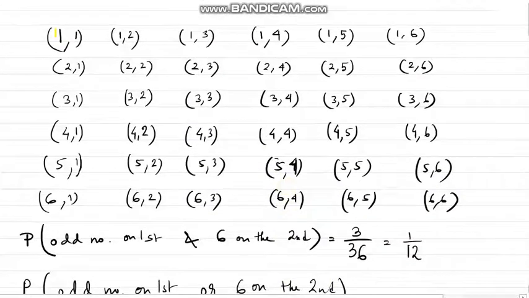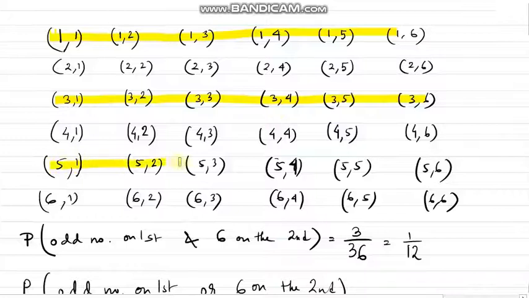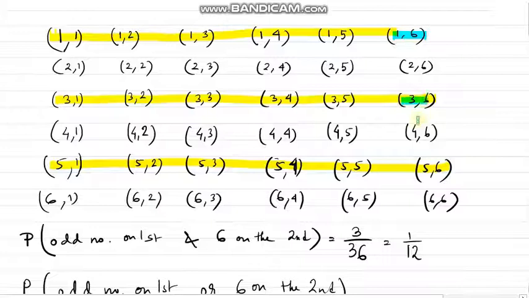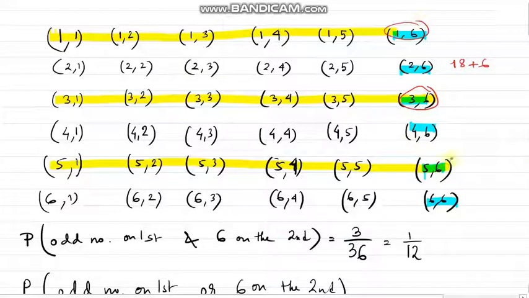Like the previous one, if I take any of this, this 6 outcomes, this 6 outcomes, this 6 outcomes, and this 6 outcomes, the total will be 18 plus 6. But out of those 18 plus 6, just check there are 3 outcomes which are occurring twice. So I have to subtract those 3. So 24 minus 3, the total number of favorable outcomes will be 21.